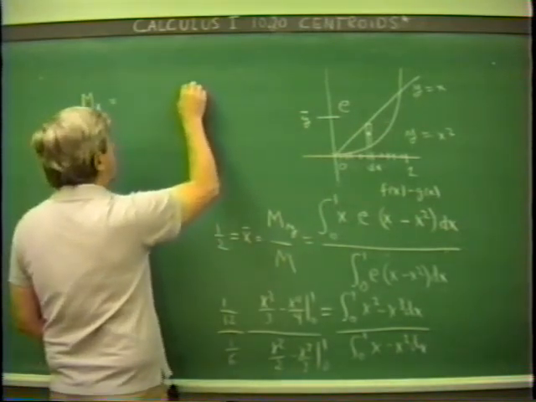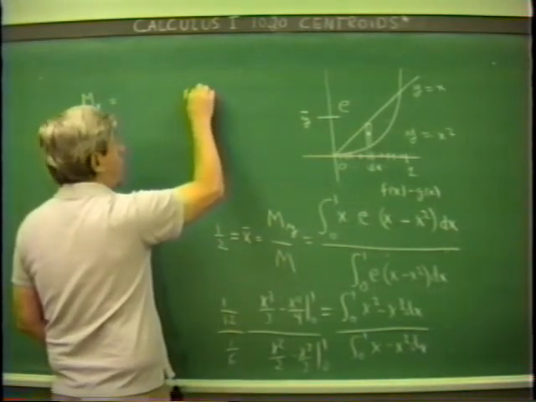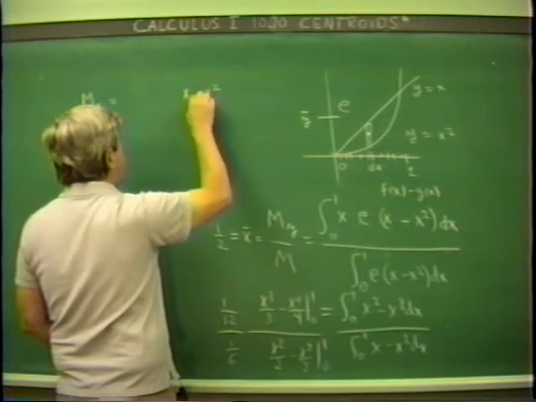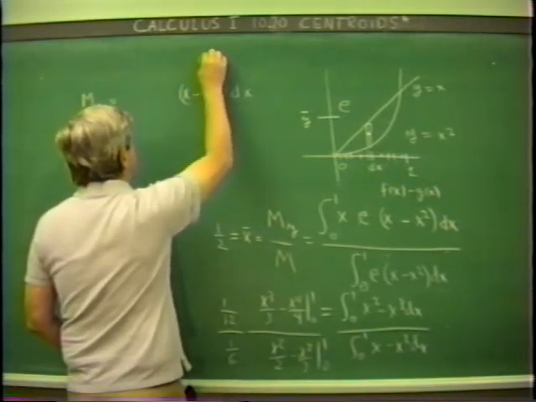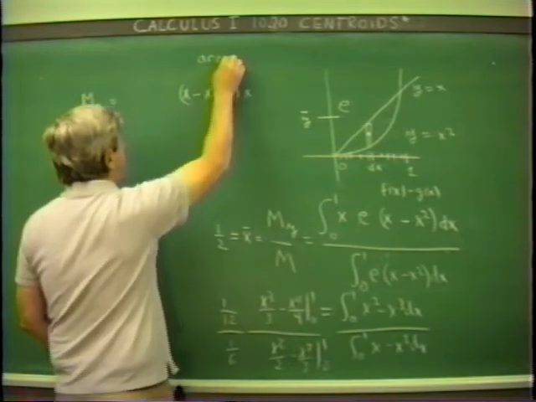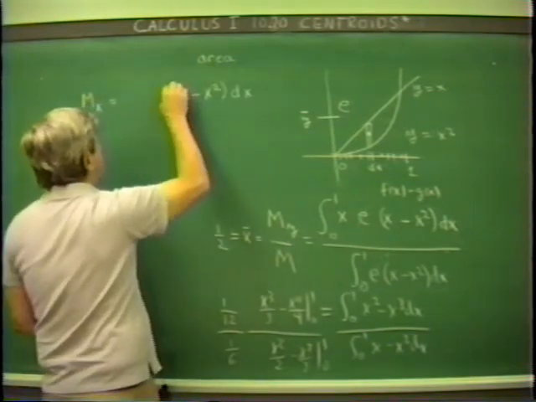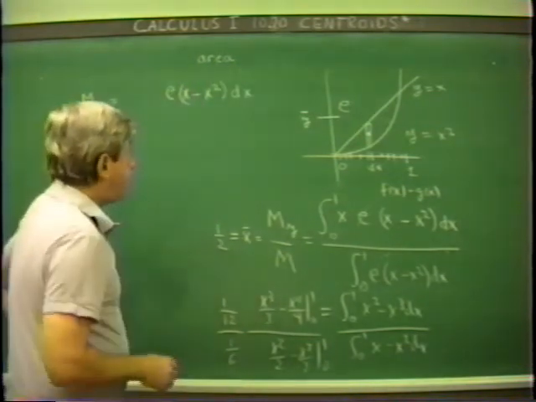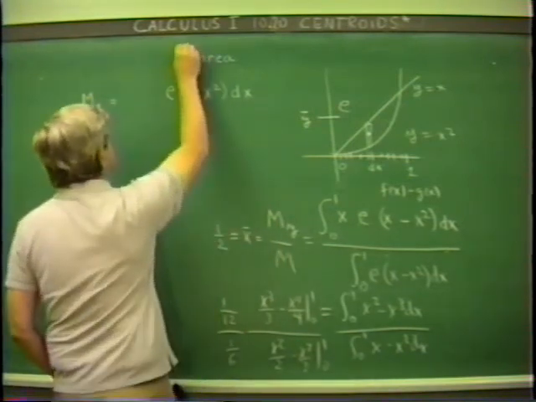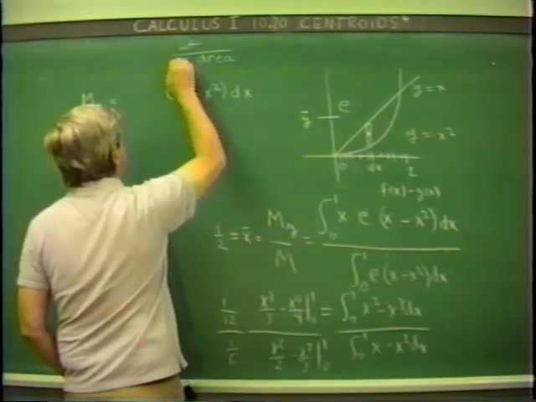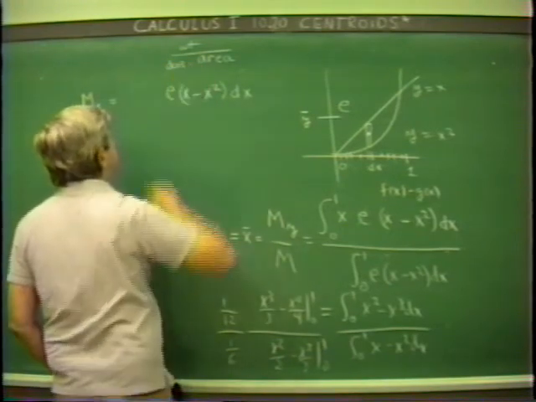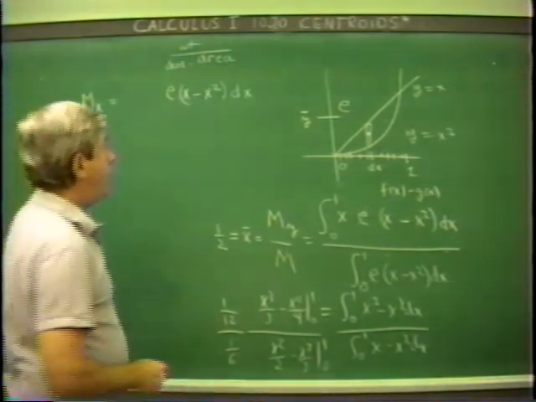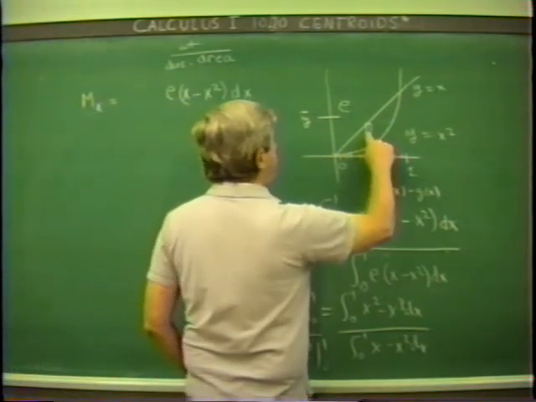Well, let's look at the moment of this about the x-axis. Right? Well, here again, x minus x squared is the height. dx is the thickness. So this is the area of the little piece. If we multiply this by rho, we'll get the weight.